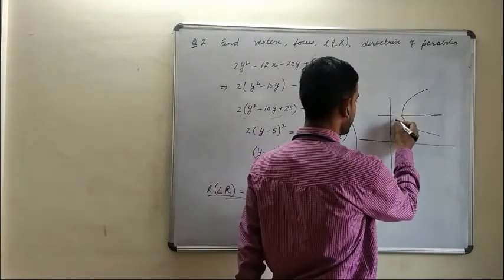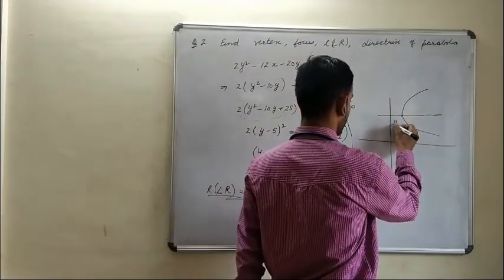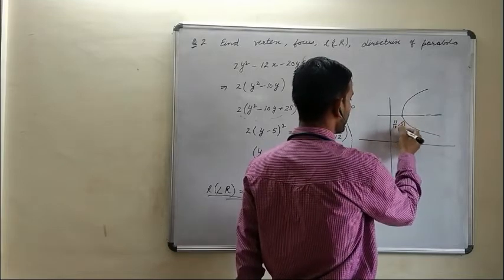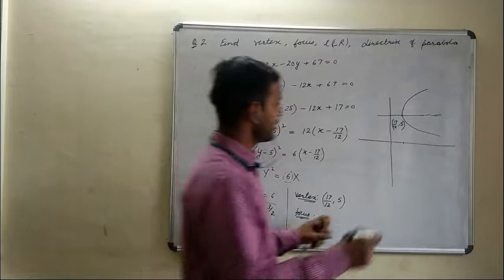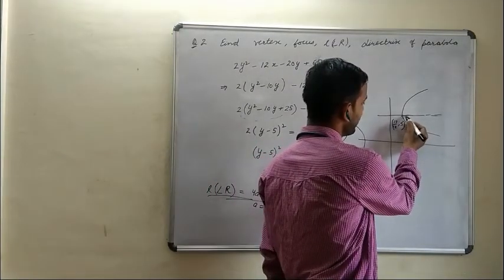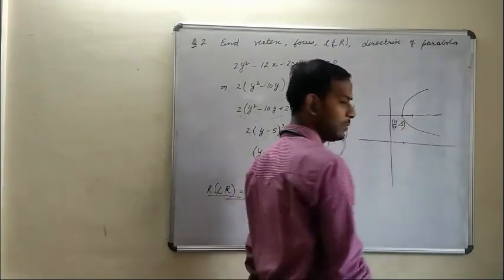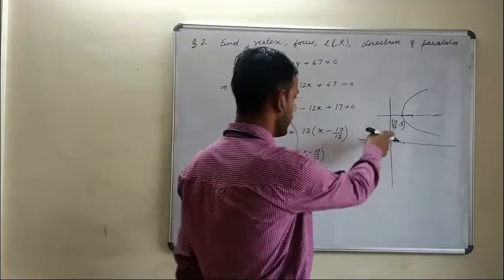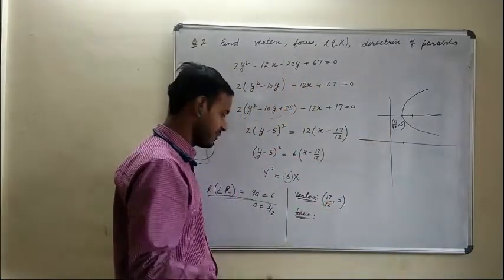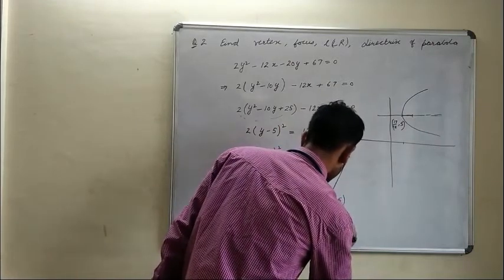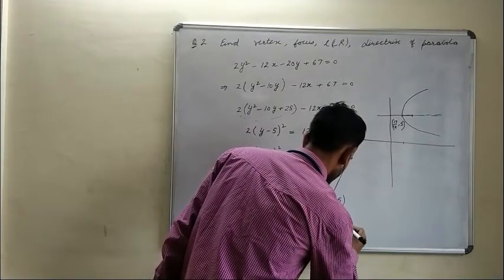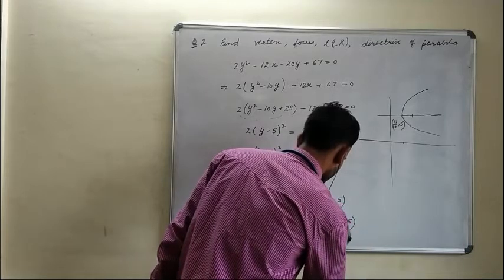Okay, so this is 17 by 12, 5. So a is 3 by 2. So a point at a distance of 3 by 2 in this direction will be 17 by 12 plus 3 by 2, 5.